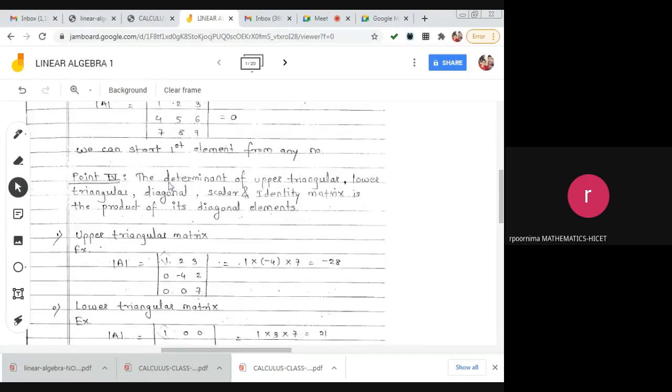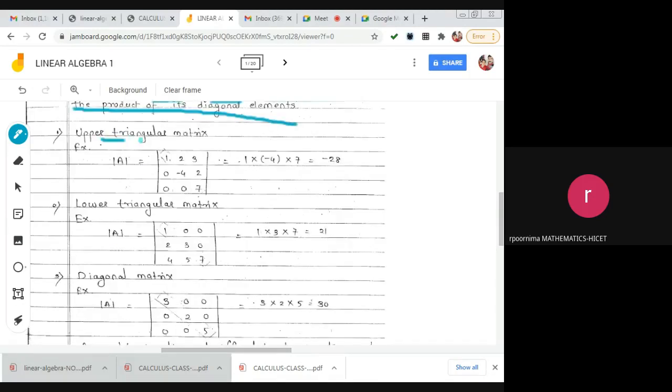Then the determinant of an upper triangular, lower triangular, diagonal, scalar or identity matrix is the product of its diagonal elements. If it is an upper triangular matrix, then determinant A is 1, 2, 3 and so on.